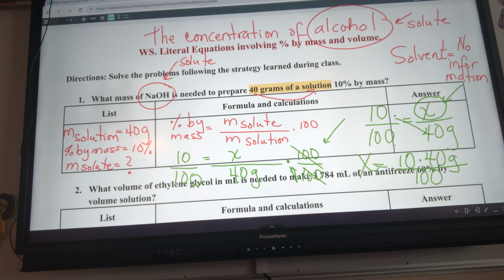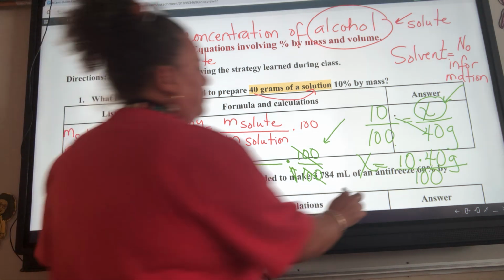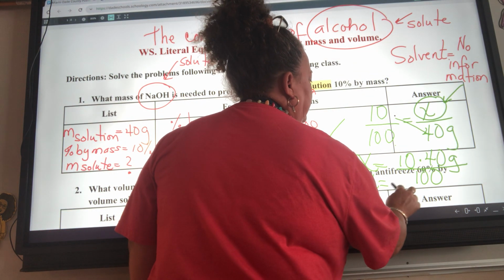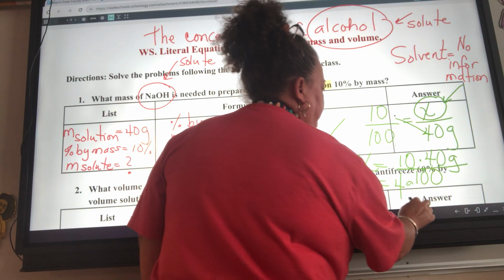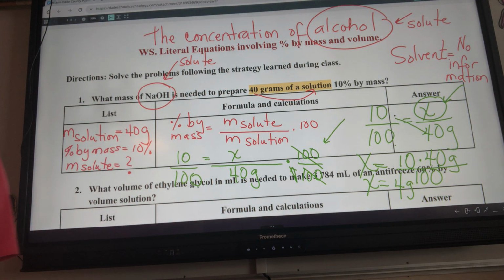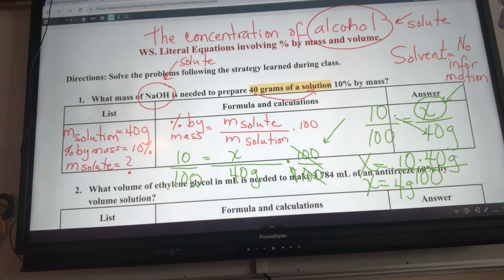How much is that? 400. And I divide that by 100: 4. So the answer over here is 4 grams, because 10 multiplied by 40 is 400, divided by 100 is 4.